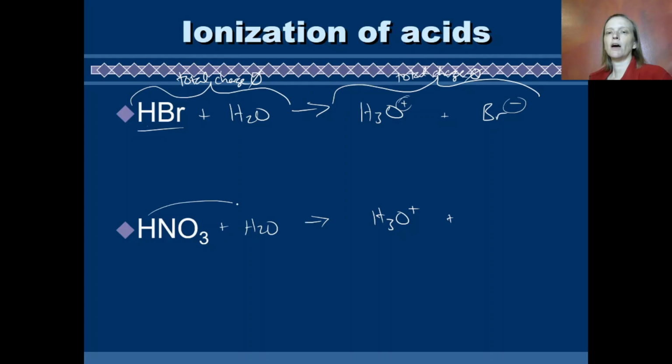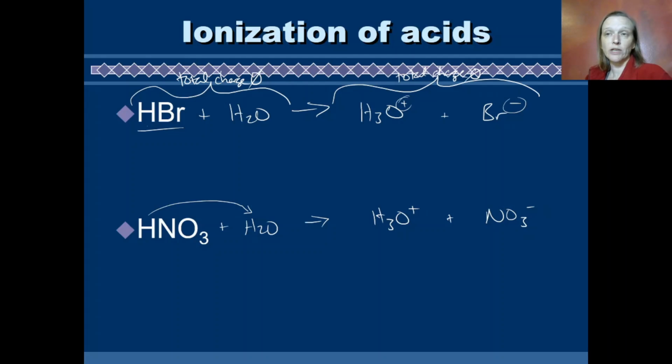And when we give up the hydrogen to water, what's left behind is this nitrate ion, NO3, with a charge of -1. Again, my total charge at the beginning is 0, and my total charge at the end is 0.